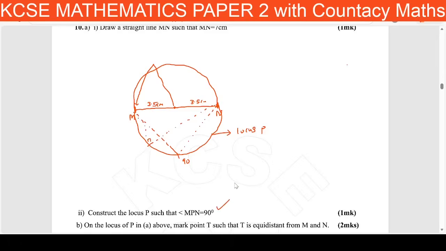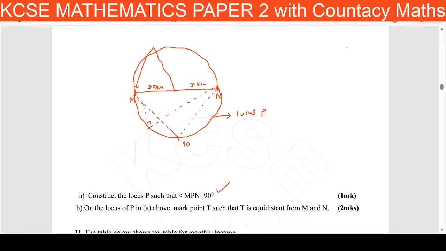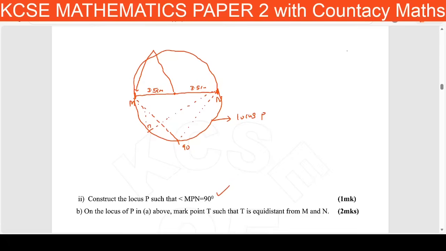The final part, and here you're just getting some free marks. On the locus P in A above, mark T such that T is equidistant from M and N. So we need to find a point that is equidistant from this point to this point. How should we do that?